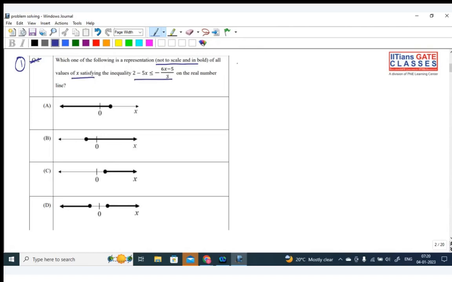So please try this question. 2 minus 5x is less than or equal to, which is a slack inequality, minus 6x minus 5 by 3. Then what you can do here is cross multiply these, so you can say that 6 minus 15x is less than or equal to minus 6x plus 5.